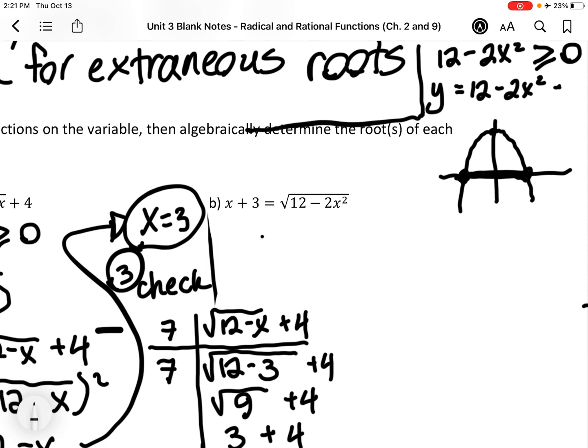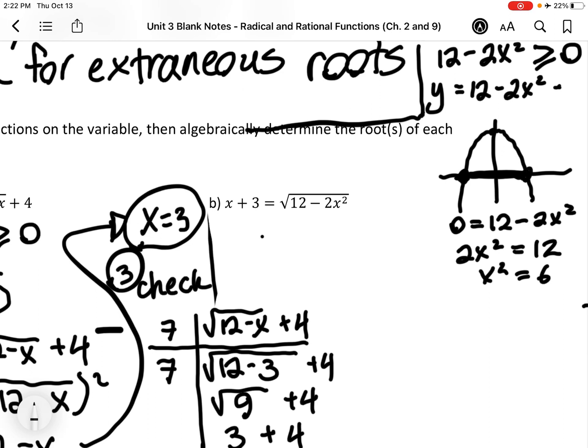So what we need to do is figure out what those zeros are. What value of x makes that 0? And that will tell us what the restrictions have to be. So I'm going to set this equal to 0, so that I can find these two values for x. So here I'm going to have 2x squared equals 12, x squared equals 6.